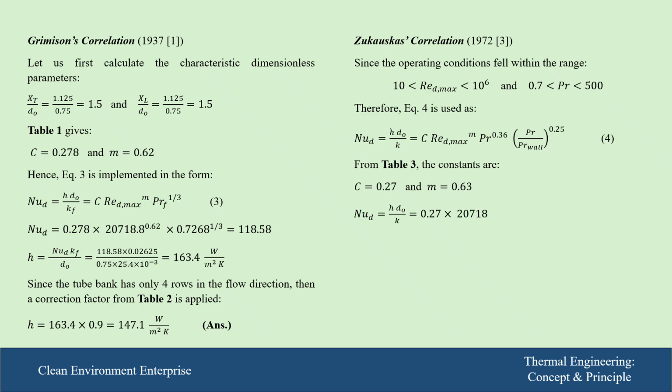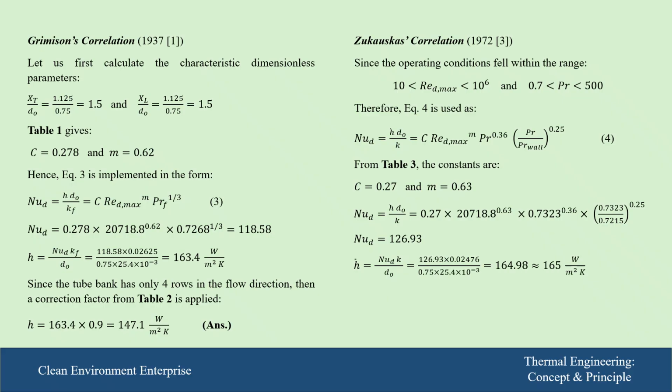If we substitute these values in equation number 4, we will get a Nusselt number of 126.93, and with the aid of the Nusselt number definition, we may get a heat transfer coefficient equal to 165 watt per meter square Kelvin.